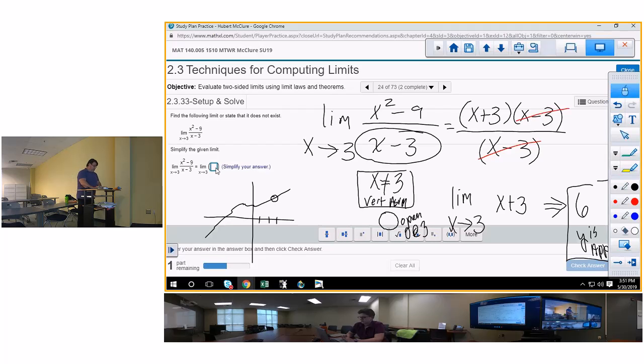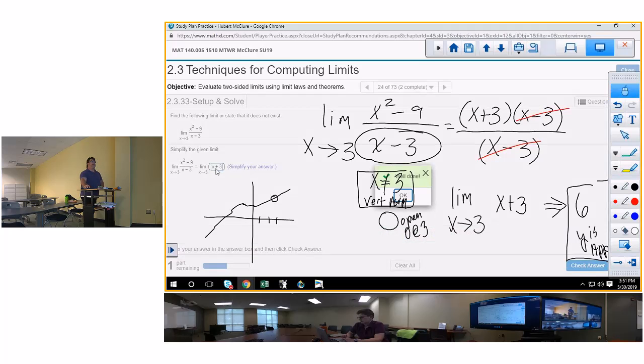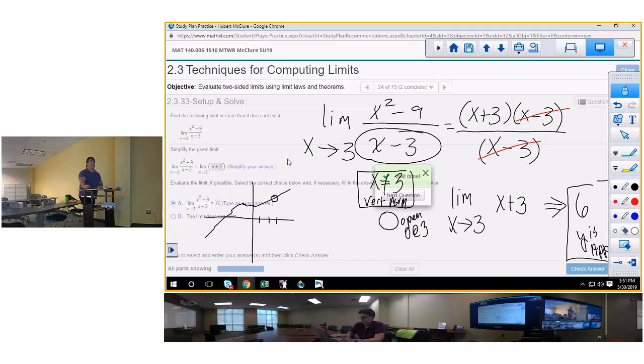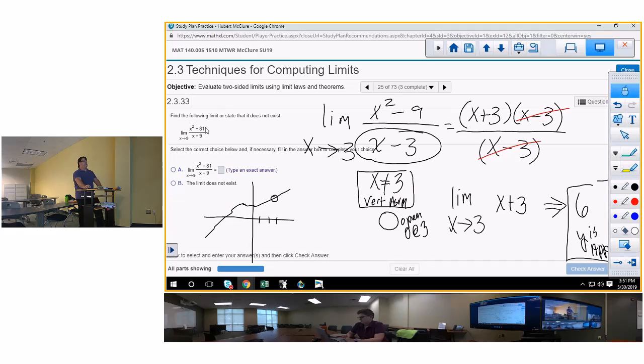I'm getting there, people. Hold on. x plus 3. There we go. And then they may ask you to finish it out. 6. Surprised they're not asking you for the vertical asymptote. Nope. And again, you're going to run into something like that.